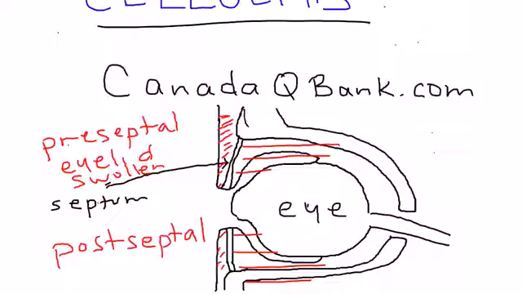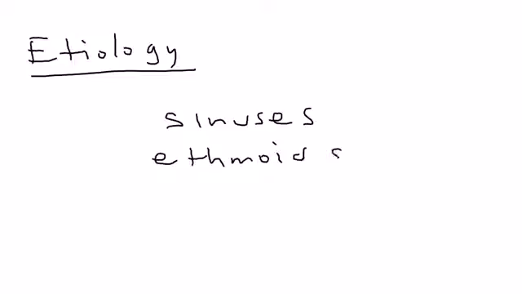So, what is the reason this happens? What is the cause, the etiology? Well, for orbital cellulitis, in close proximity to the eye are the sinuses. One in particular, called the ethmoid sinus, is heavily involved in the etiology of orbital cellulitis.